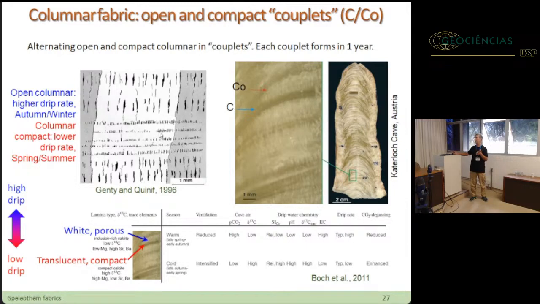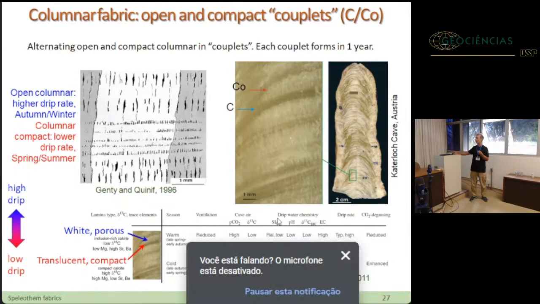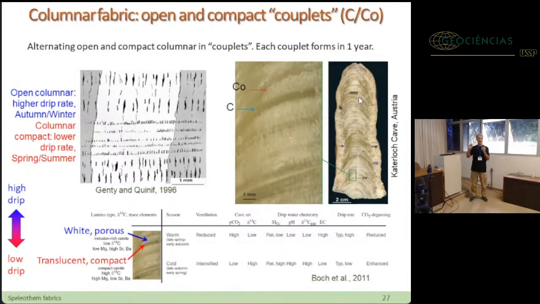And this has been documented in many other cases throughout the world. But we can also have not just annual couplets; in most cases they are not annual couplets, but couplets of bands.